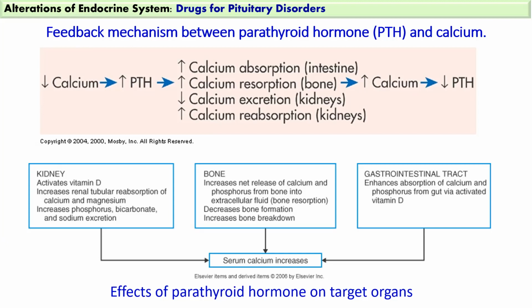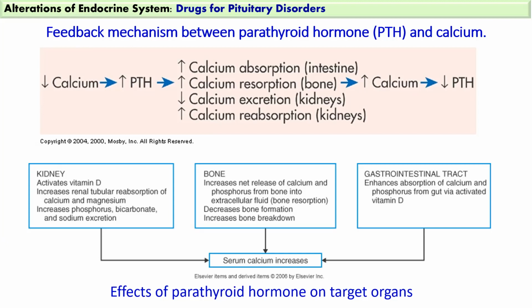So the hypocalcemia, a decreased calcium level in the blood, will stimulate the parathyroid glands to produce more PTH hormone. Increased production of the PTH hormone would increase the calcium level in the blood.